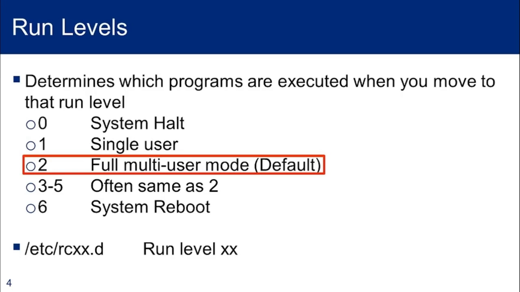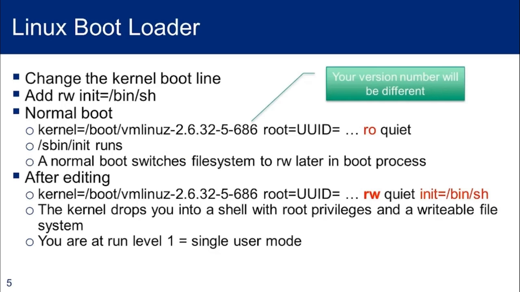For each run level, there is a directory named rcX.d, where X is the run level. So to see what programs execute on a normal boot to run level 2, cat /etc/rc2.d.